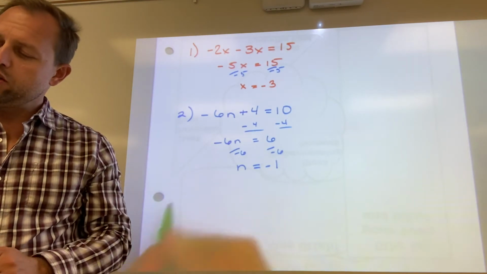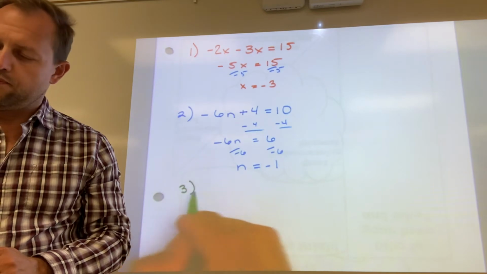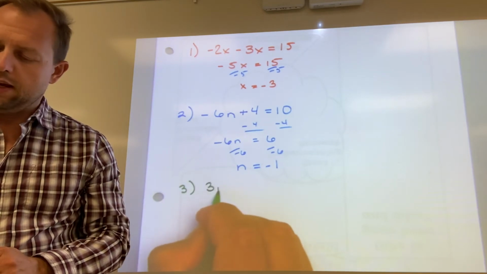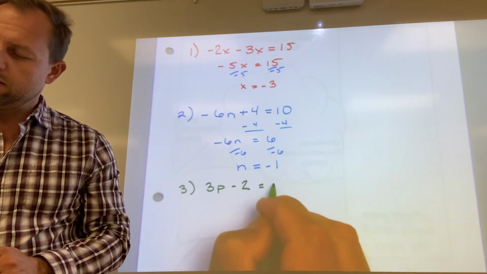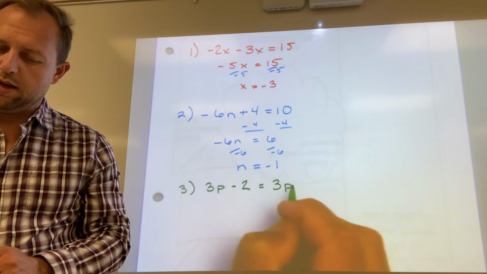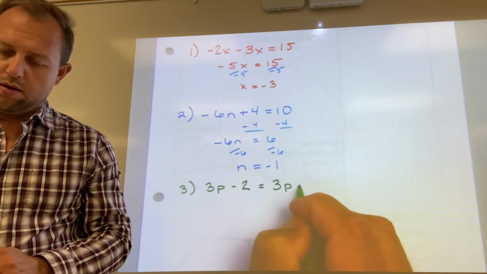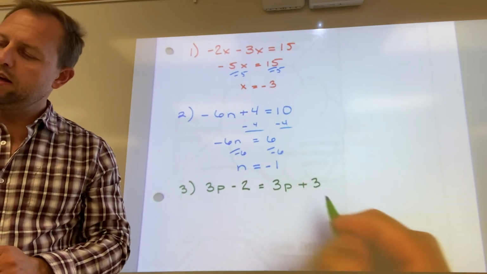For our third equation, 3p minus 2 equals 3p plus 3.